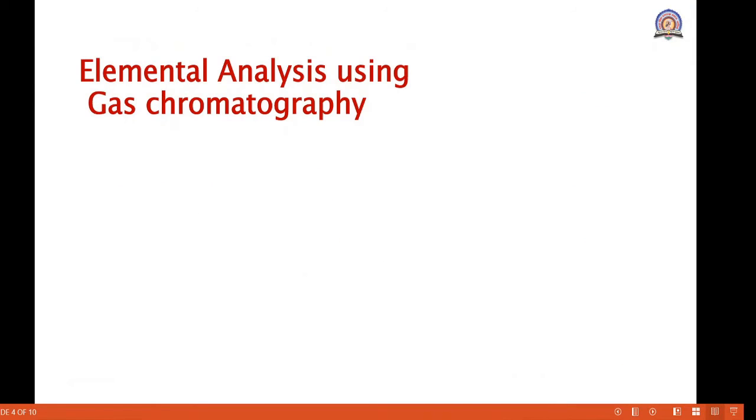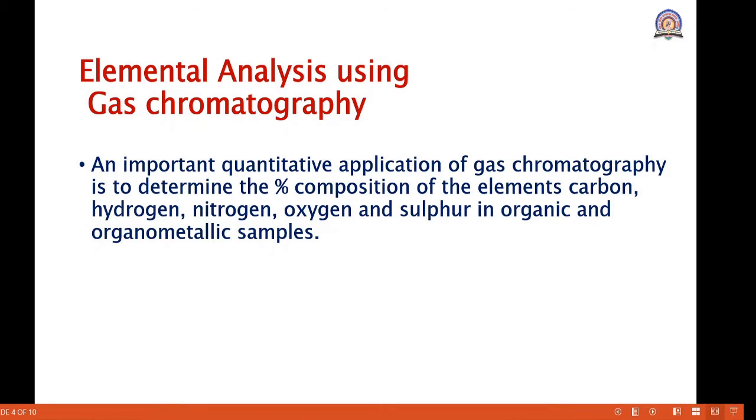Then after that we see the elemental analysis using gas chromatography. An important quantitative application of gas chromatography is elemental analysis, to determine the percent composition of elements such as carbon, hydrogen, nitrogen, oxygen and sulfur in organic and organometallic samples or complexes.